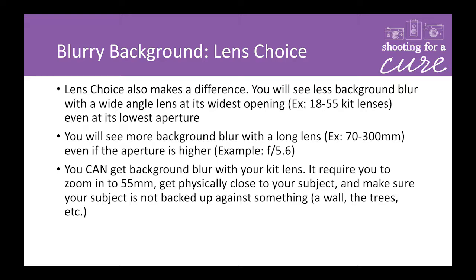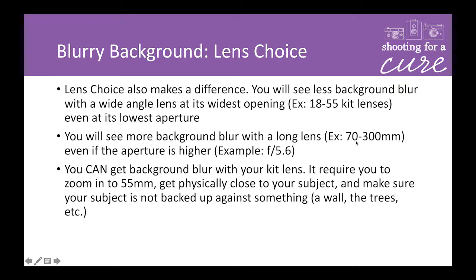Your lens choice is going to make a huge difference in blurred background as well. You're going to see less blur at a wide angle, like your 18 to 55s. You're going to see less blur at 18 than you will at 55. Because wide angle lenses, think your iPhone, tend to exaggerate distance, and they also tend to be more in focus. That's why, generally speaking, your iPhone is very in focus.